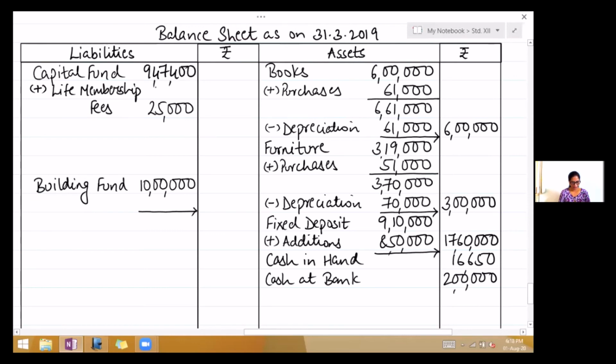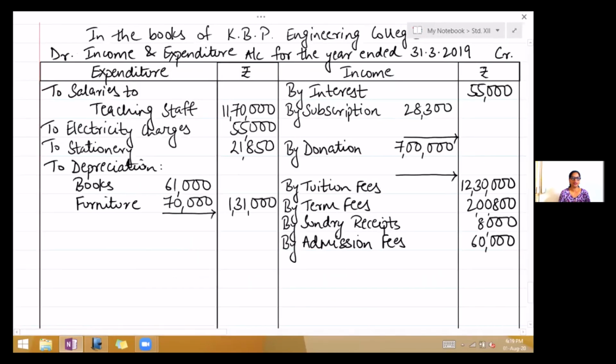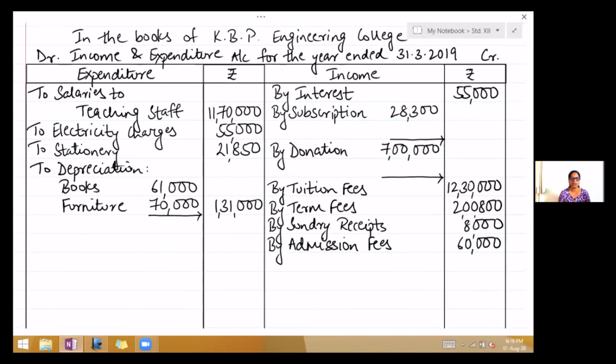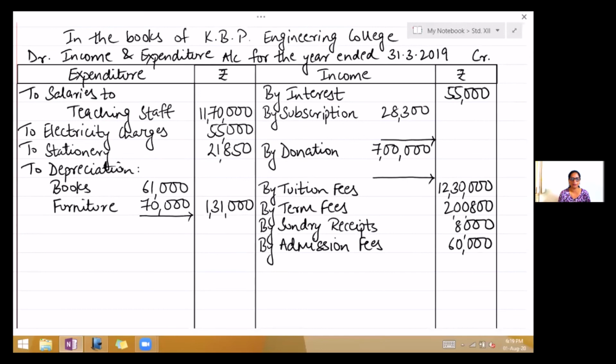Okay, we finished that additional information. Now the adjustments, 50% of donations are for building fund and the balance is to be treated as revenue income. So now where have we written donations? It is on the income side. We have left one line there for adjustment. Now your donations are 7 lakhs. 50% is to be transferred to building fund.